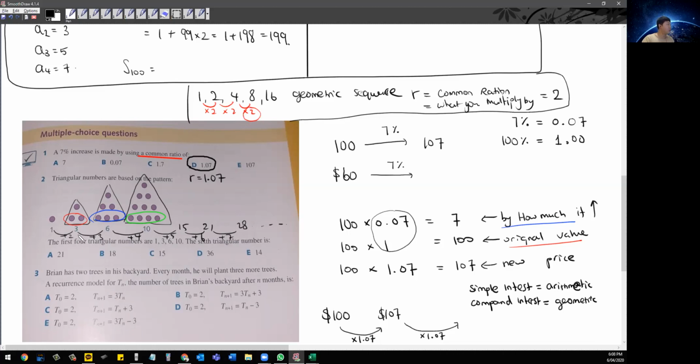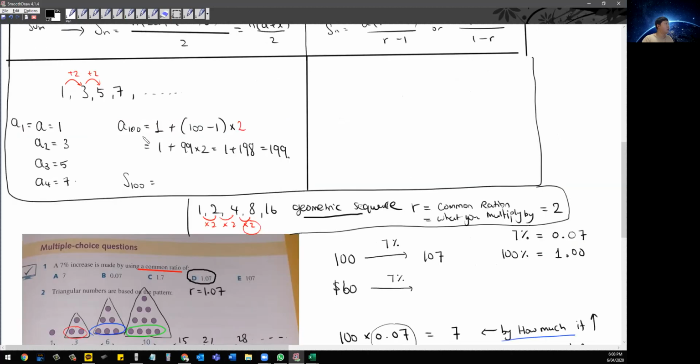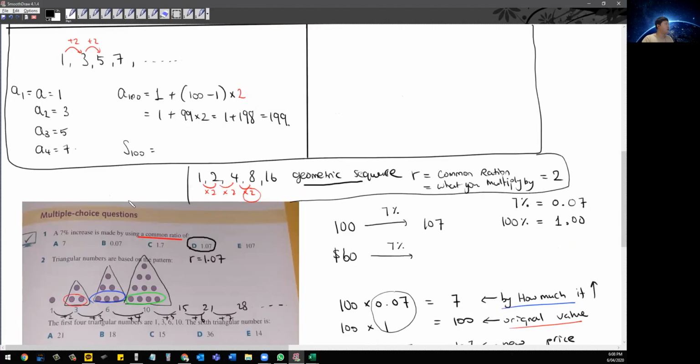If it was adding 2 and then 2 and then 2, then that would be arithmetic. So this is actually neither. This is not multiplied by a constant number either. If you multiply by 3, you get this; if you multiply by 2, you get this; if you multiply by something else, like a fraction, you get 10. So it's not multiplication by a constant term either. This is neither geometric nor arithmetic, okay?